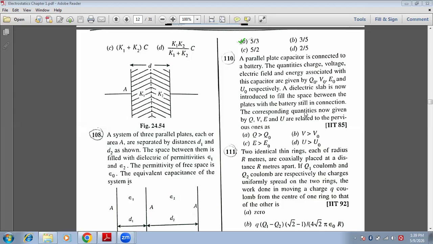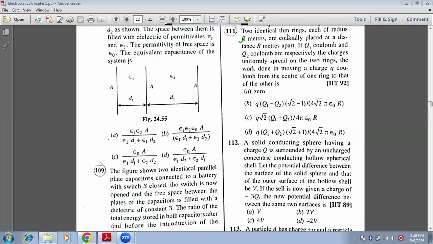The corresponding quantities now given by Q, V, E and U are related to the previous ones as option A, Q greater than Q0, option B, V greater than V0, option C, E greater than E0, option D, U greater than U0. Correct answer option A, Q greater than Q0 and D, U greater than U0.